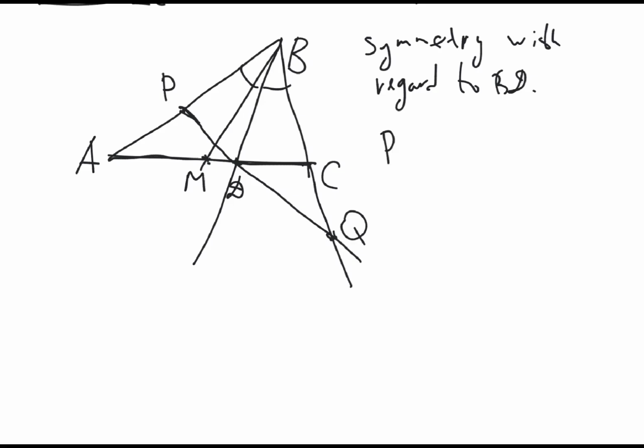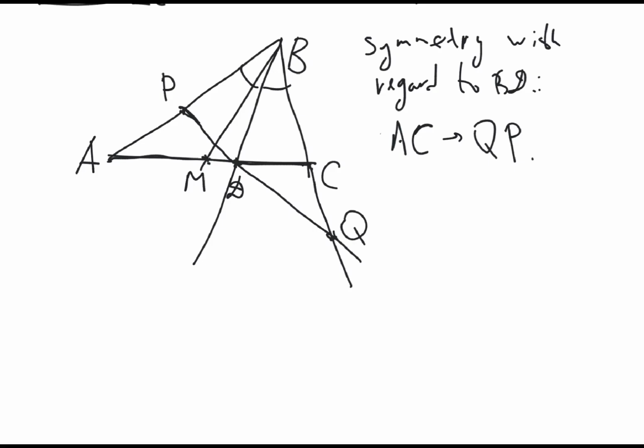So under this symmetry with regard to the line BD, the segment AC is mapped to the segment QP. So A is mapped to Q and C is mapped to P, right? And D is mapped to itself. The point D, because it's on the axis of symmetry, stays at the same point.